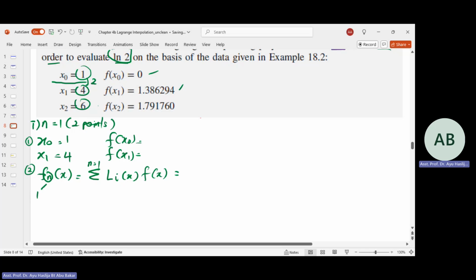Then expand the function, which will involve L0(x) f(x0) plus L1(x) f(x1). n equals 1, so your L should be until L1. So step 3, find your weighting function.